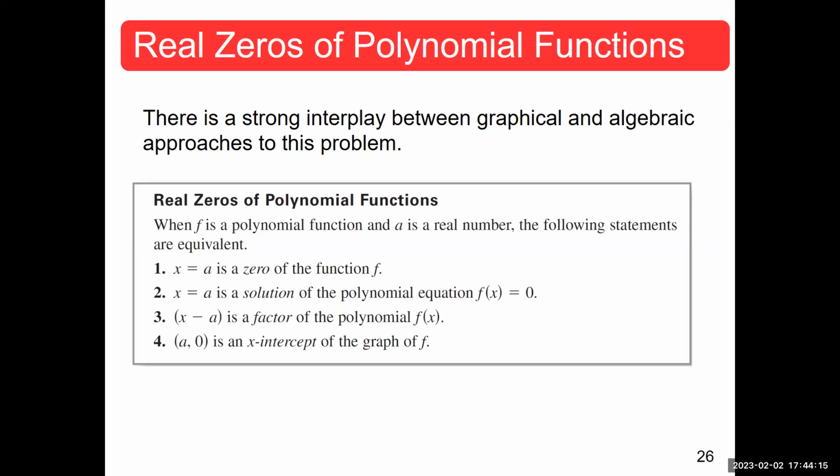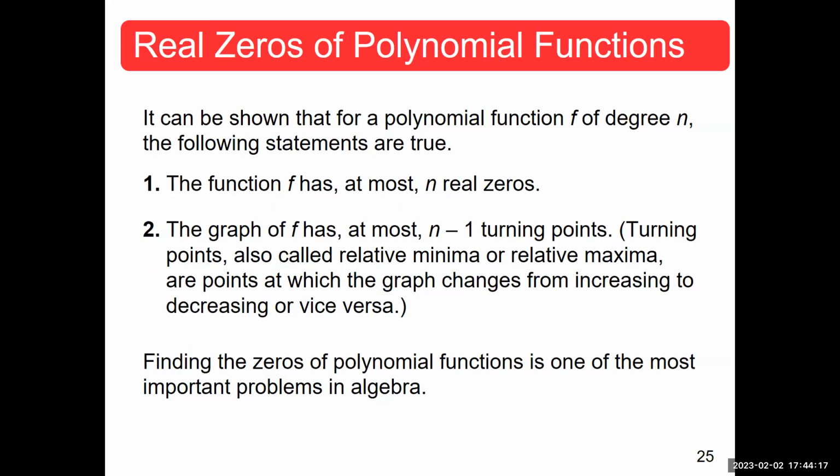Let's see in here. Let me go back. If we have any function, it has the largest power, x to the power n. At the most, we're going to get n real zeros. That's the maximum.